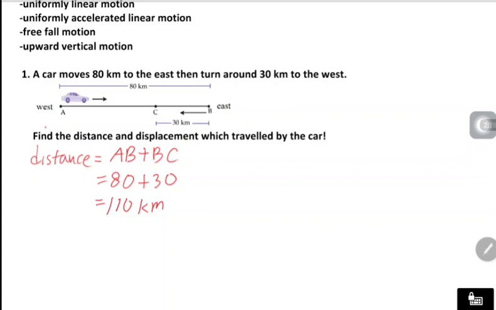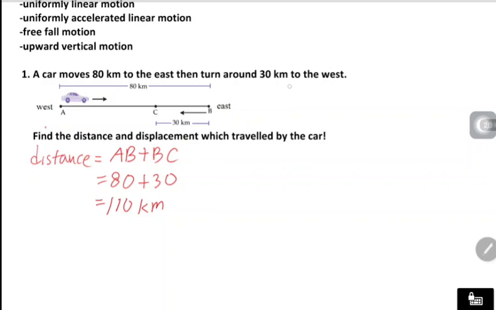But the displacement is not the same. The displacement has to consider the direction.